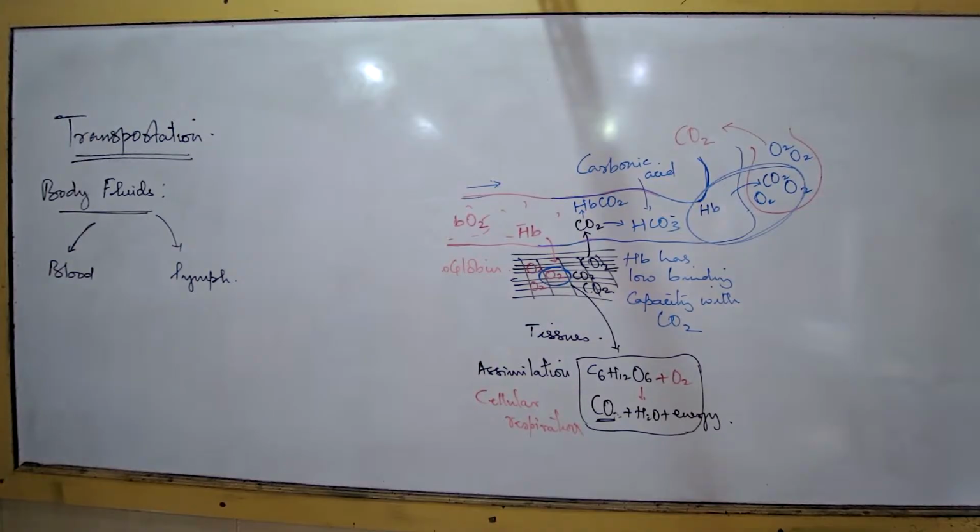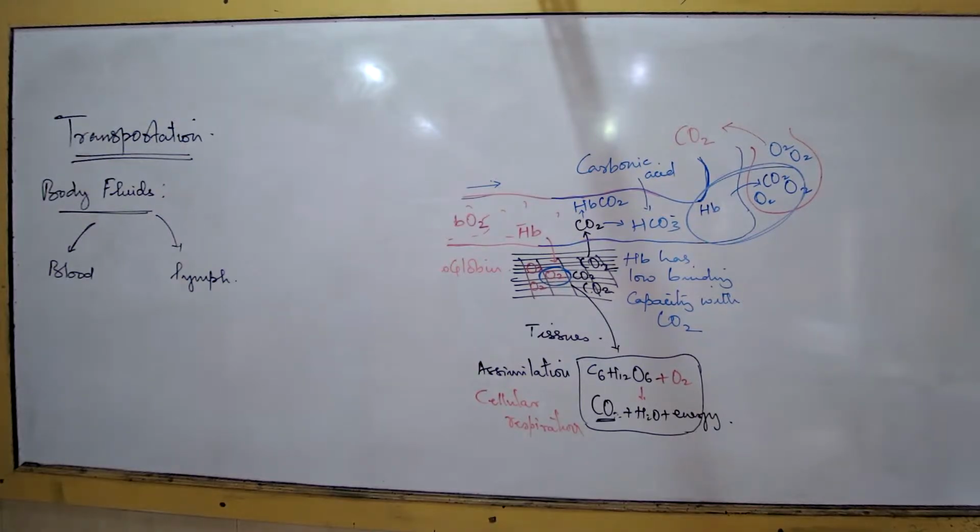So as complexity increases, the need for body fluid increases. Why? This fluid will help in what? Transportation of nutrients, hormones, minerals, ions, etc.